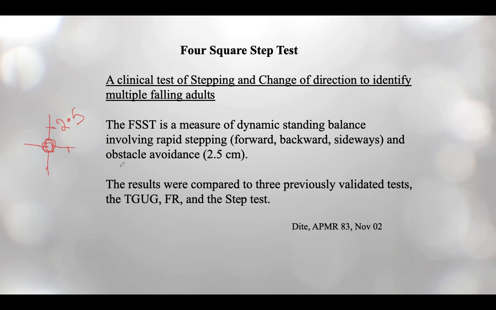Again, the results were compared with the validated test, timed up and go, get up and go, functional reach and the step test, and the results were quite reliable. किसी भी टेस्ट को जब हमने रिलायबिलिटी मेजर करनी है, हम उसके स्कोर्स को बाकी टेस्ट के स्कोर्स के साथ मैच करते हैं. मान लो I have taken 20 patients, उन 20 पेशेंट्स में मैंने established test कर दिए, जैसे कि timed up and go कर दिया, get up and go, functional reach कर दिया, step test कर दिया. तीनों के तीनों established थे, उनके स्कोर्स ले लिए. अब मैंने उन्हीं पेशेंट्स पे again वो टेस्ट किया जो मैं establish करना चाहती हूँ, जिसकी reliability मैं establish करना चाहती हूँ, like four square step test.